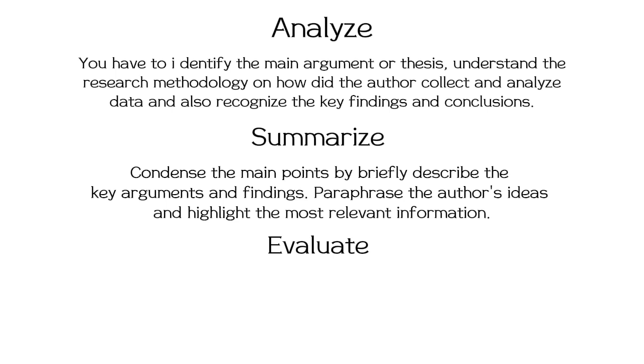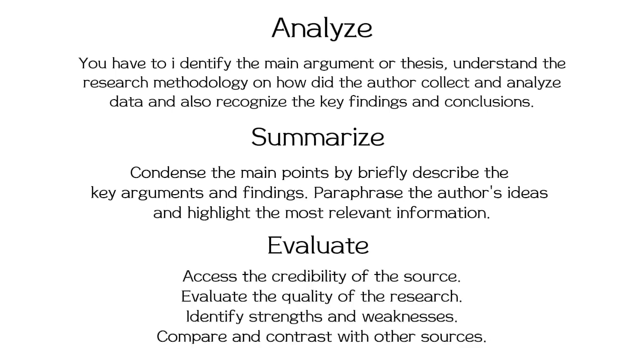Condense the main points by briefly describing the key arguments and findings. Paraphrase the author's ideas and highlight the most relevant information. And lastly, evaluate. Assess the credibility of the source. Evaluate the quality of the research, identify strengths and weaknesses, and compare and contrast with other sources.